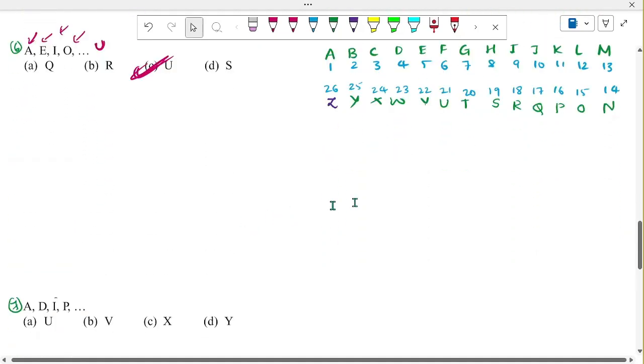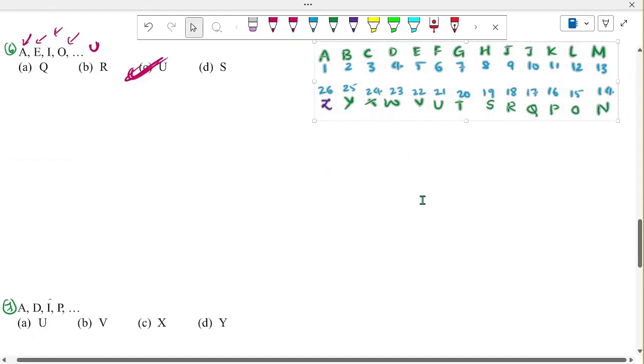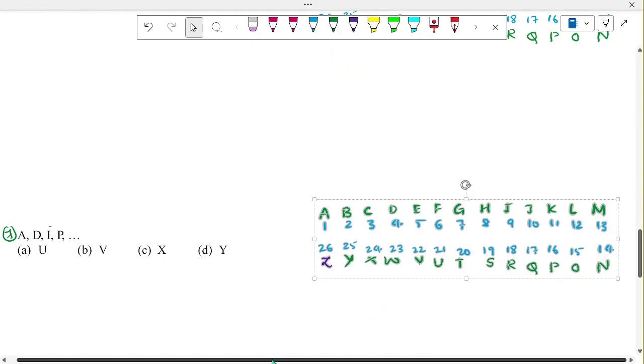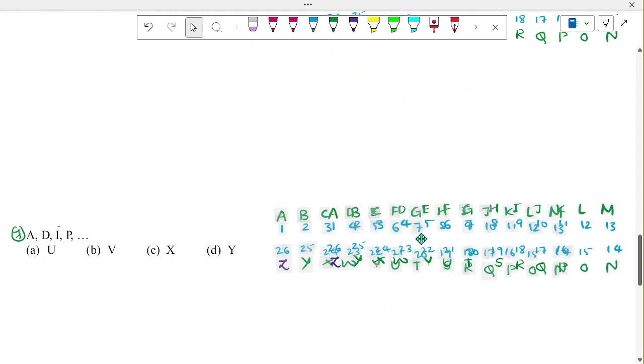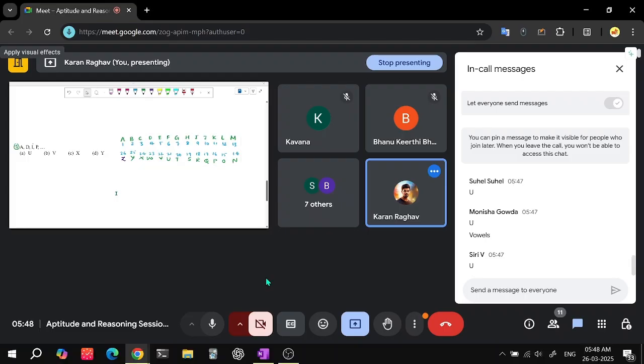Just try to solve this one. Anybody answer?